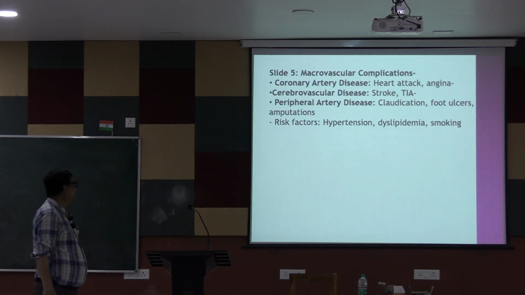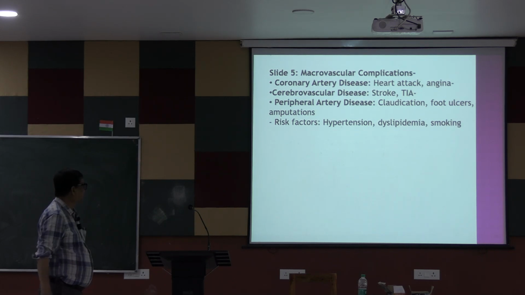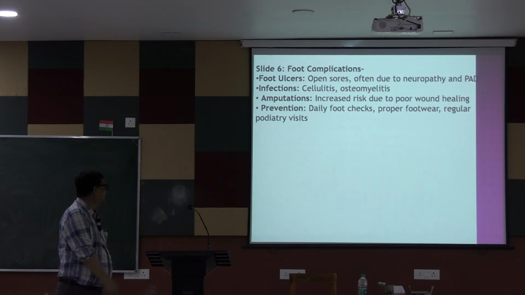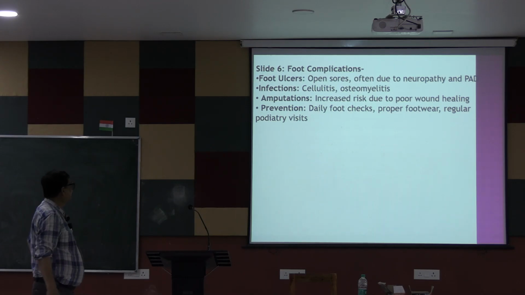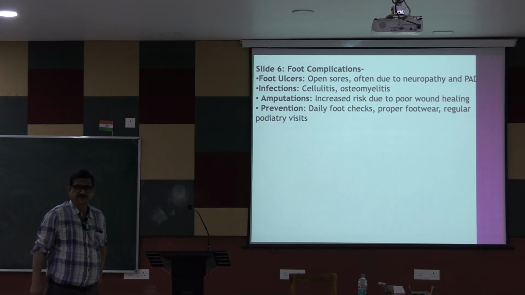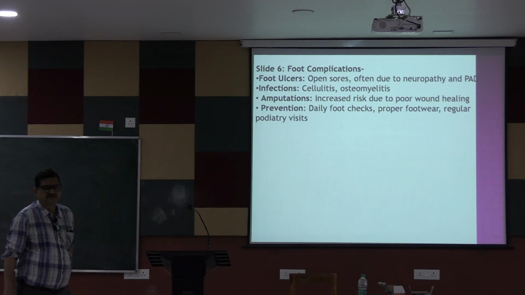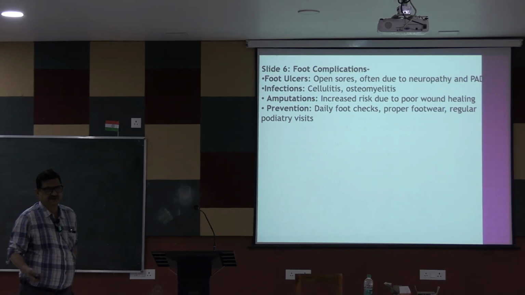What are the macrovascular complications? Coronary artery disease, heart attack, angina, cerebrovascular risk, stroke, TIA, peripheral artery disease, claudication, foot ulcer, amputations. Risk factors are hypertension, dyslipidemia and smoking. Foot complications, diabetic foot ulcers, are a very dangerous ulcer.